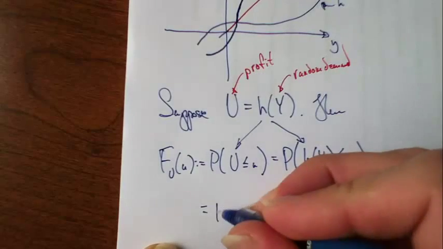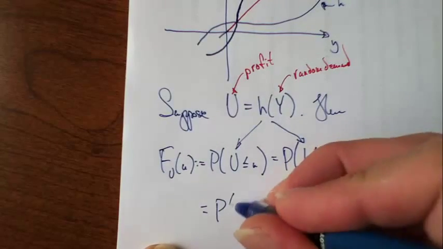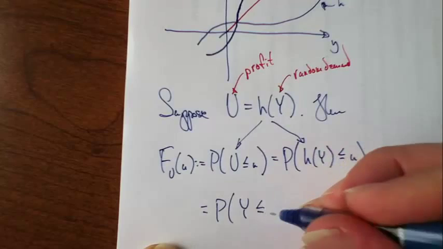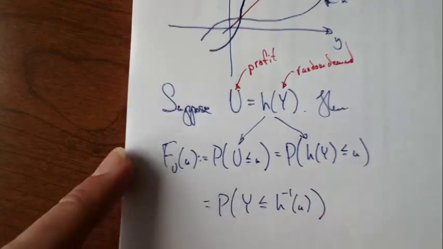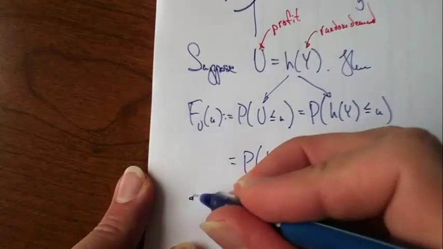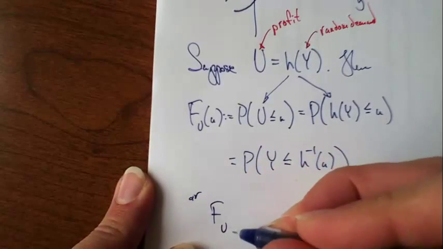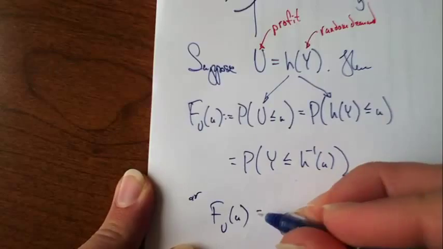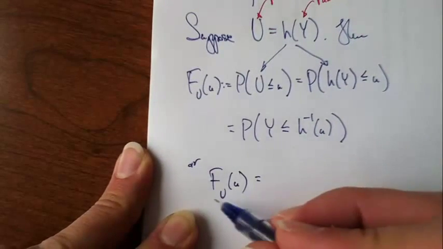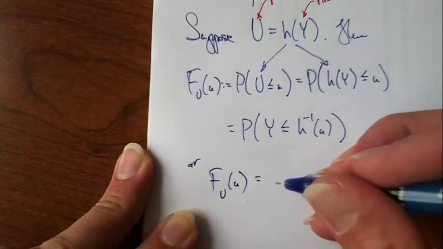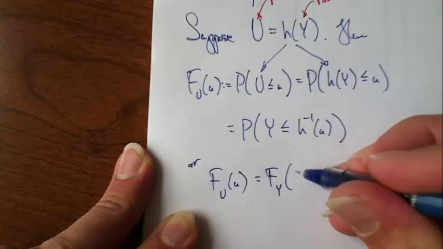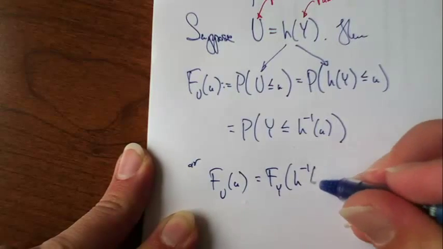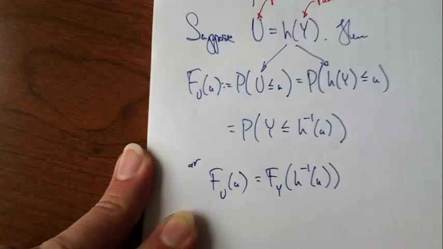But since h has an inverse, this is the same thing as y being less than or equal to h inverse of u. Long story short, we can express the CDF of u as the CDF of y evaluated at h inverse of little u.